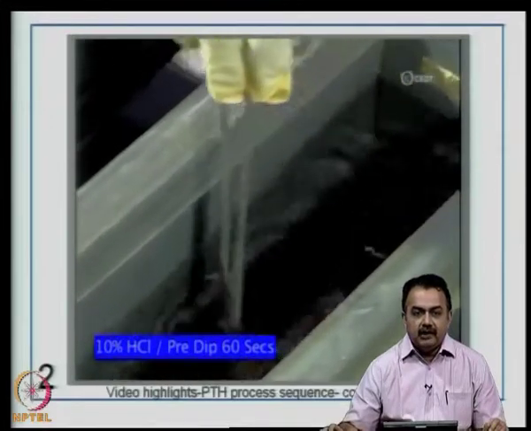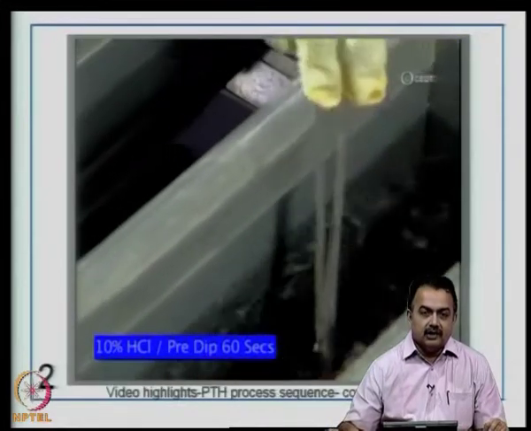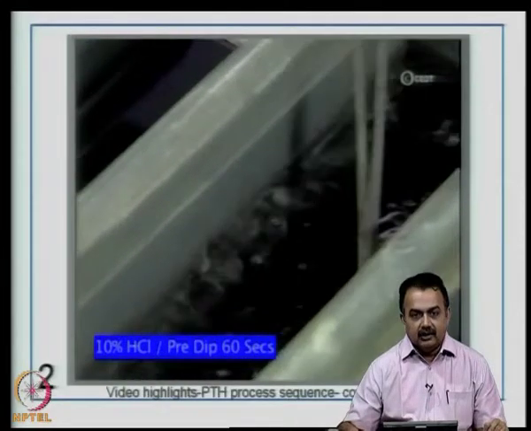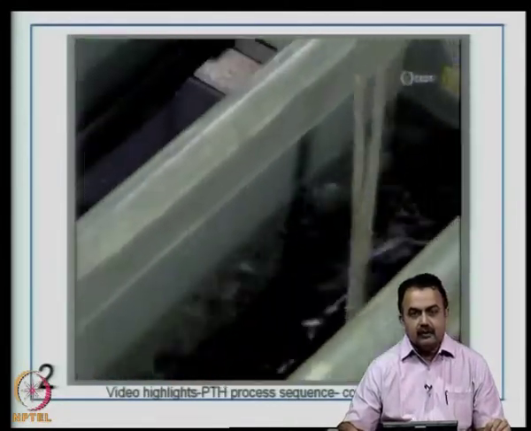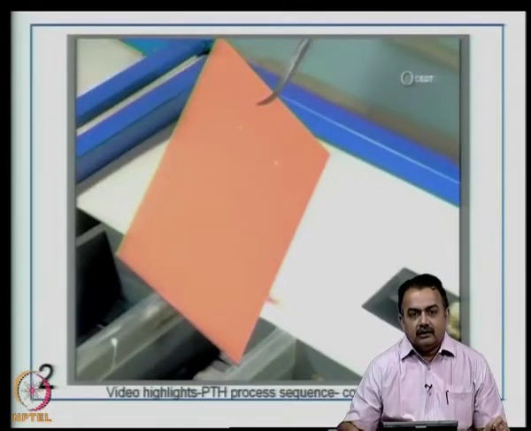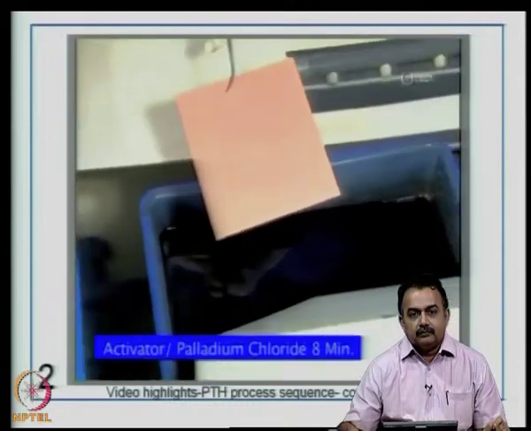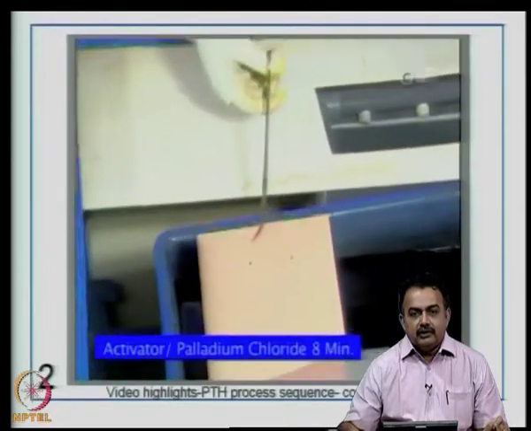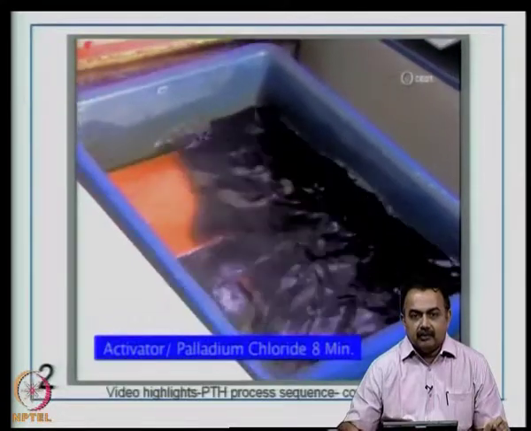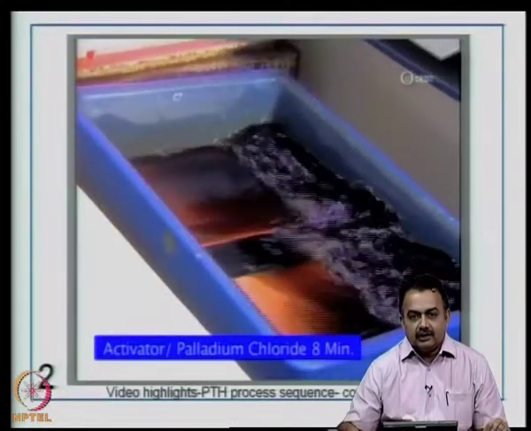Now, we are activating it, as you have seen in the illustrations in the slides, using 10% hydrochloric acid solution. This is for about 60 seconds. Then this is now introduced into the activator or the catalyst, palladium chloride. This is for a fairly large time.